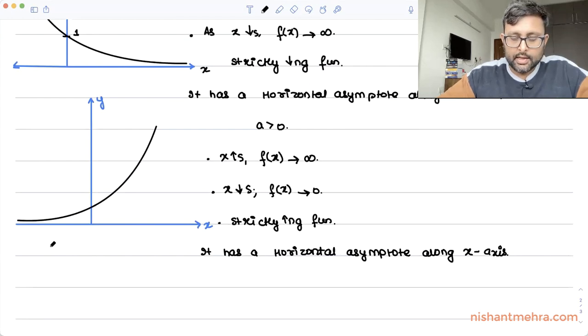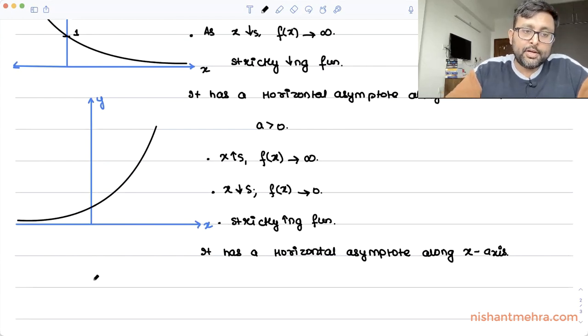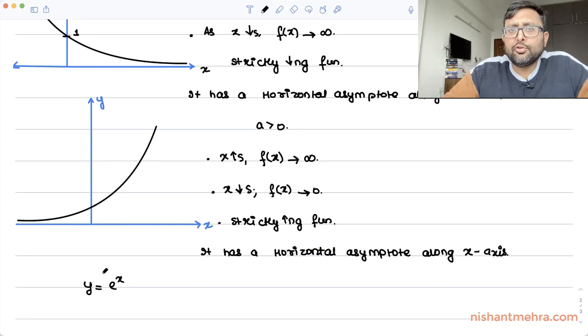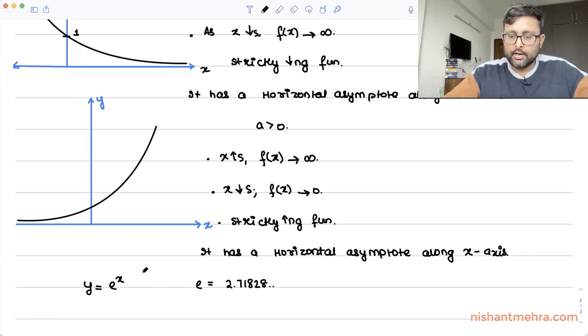Fair enough. And the most important exponential function is what? y is equal to e to the power x. I've just written a to the power x. Here, the value of e is approximately 2.718 28 and so on. So that's an exponential function.